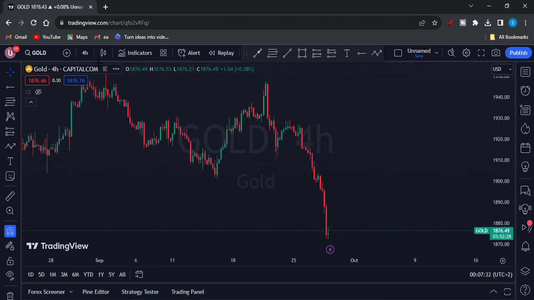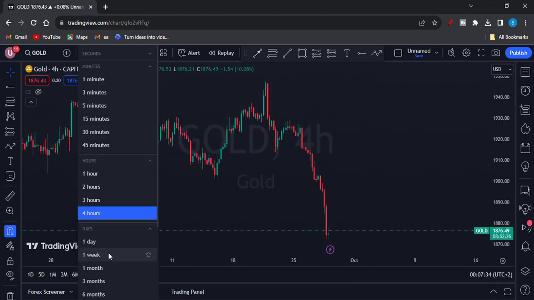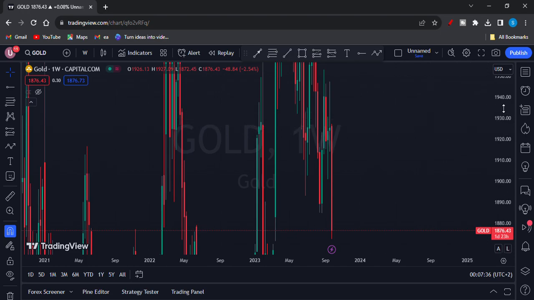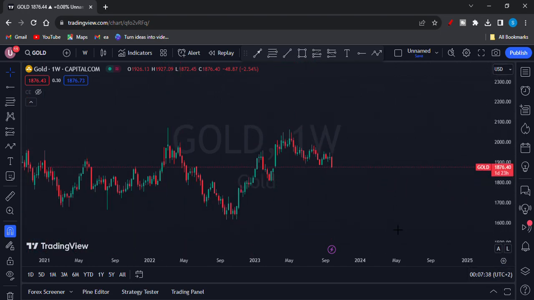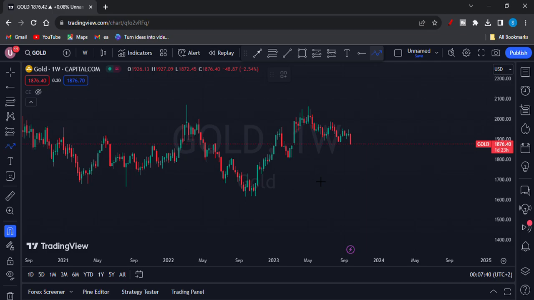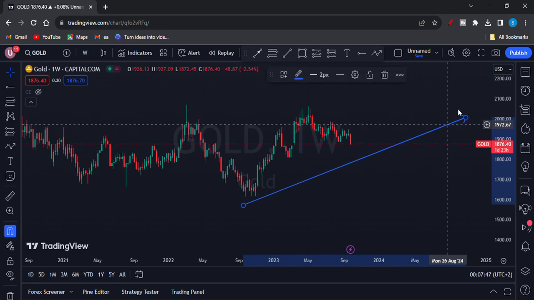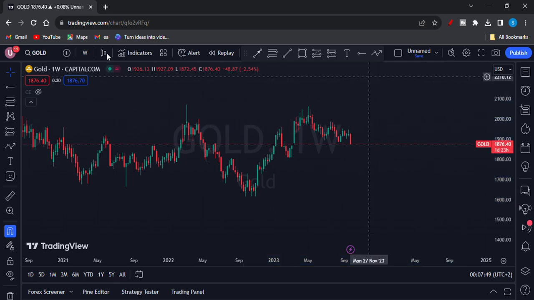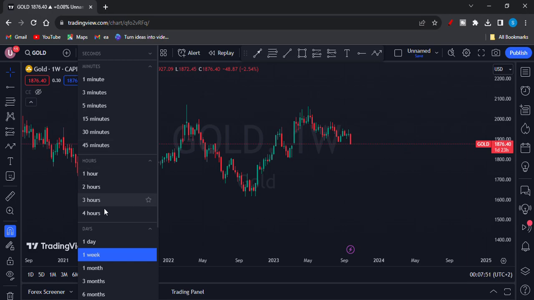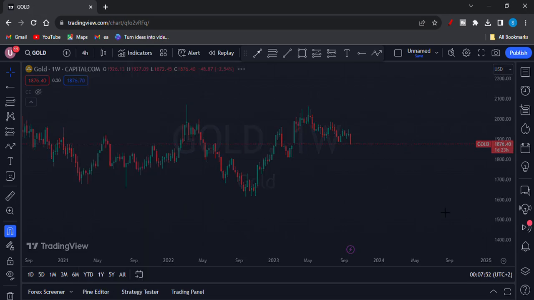And then let's go to the weekly time frame. So for gold, the overall trend is we are on an uptrend. And then let's go to our 4-hour.